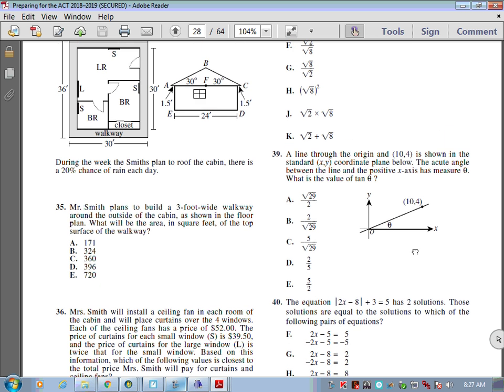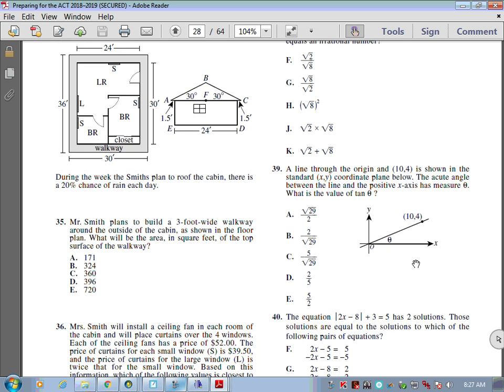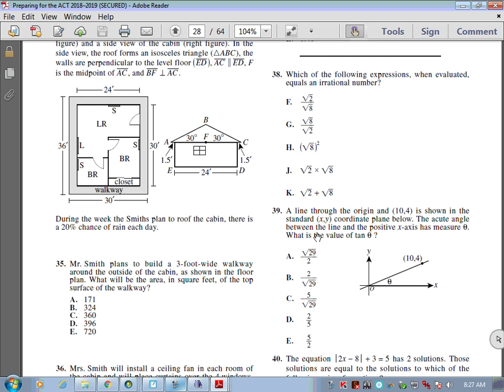35. Okay, so we're basing this upon this picture. Mr. Smith plans to build a 3-foot wide walkway around the outside of the cabin as shown in the floor plan. What will be the area in square feet of the top surface of the walkway? So it's really just the area, right? Okay, so all you need to do is just find the area of the shaded region around the house, correct?